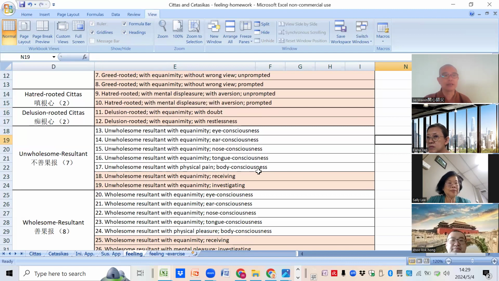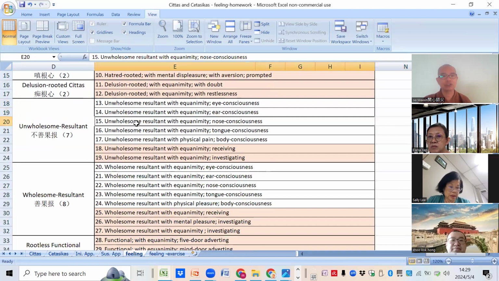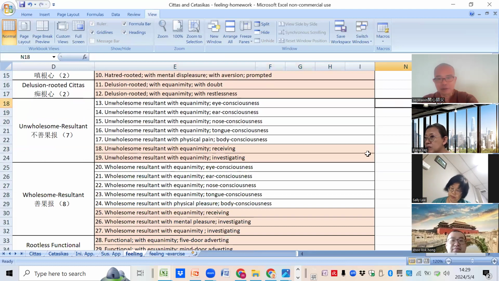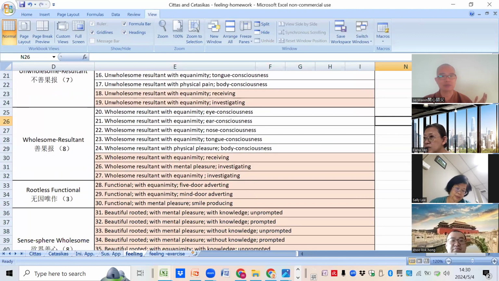Then how about continuing? Unwholesome resultant: 13, 14, 15, 16. Then 18 and 19, because it's already written there. So it's very simple. Not much Abhidhamma is necessary for that.